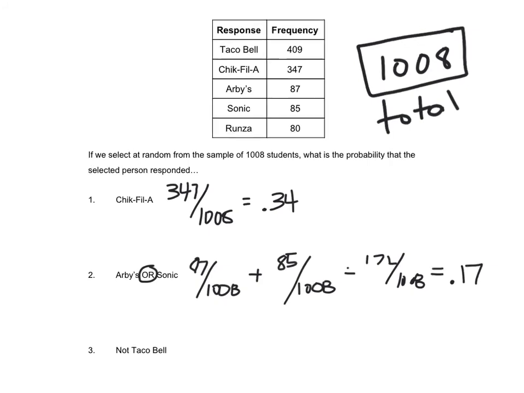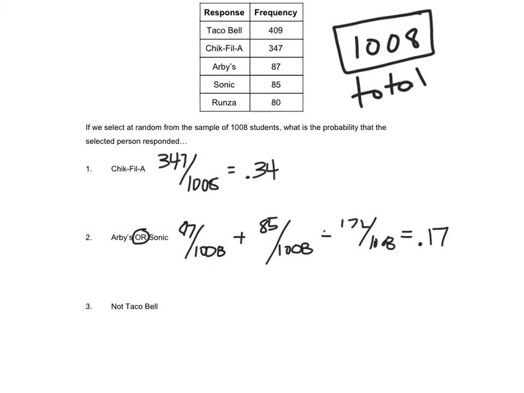Third one asks, what's the probability that the selected person responded not Taco Bell? If you chose not Taco Bell, then you chose everything else. So I would take the 347 from Chick-fil-A plus the 87 from Arby's plus the 85 from Sonic plus the 80 from Runza, which gives me a total of 599.